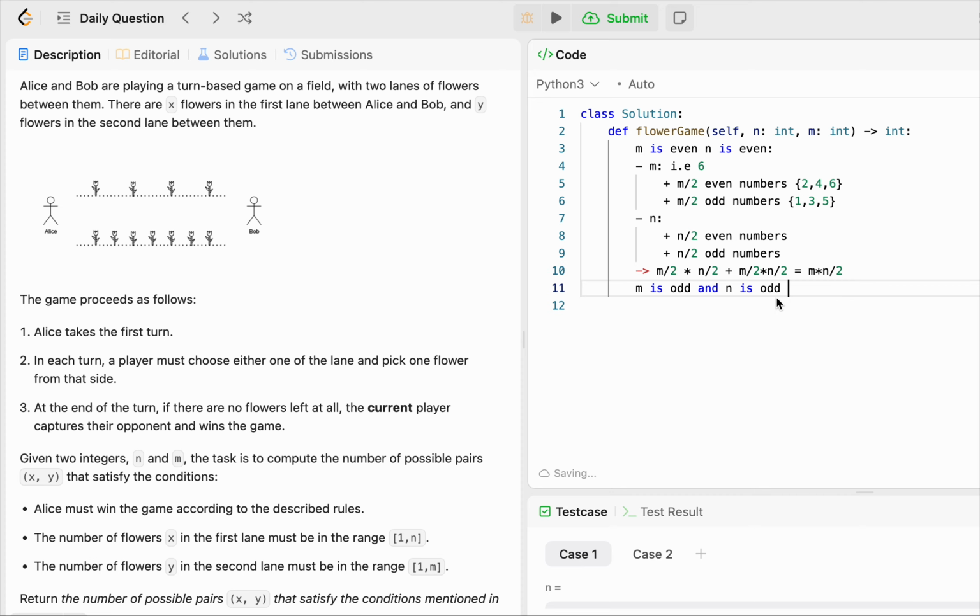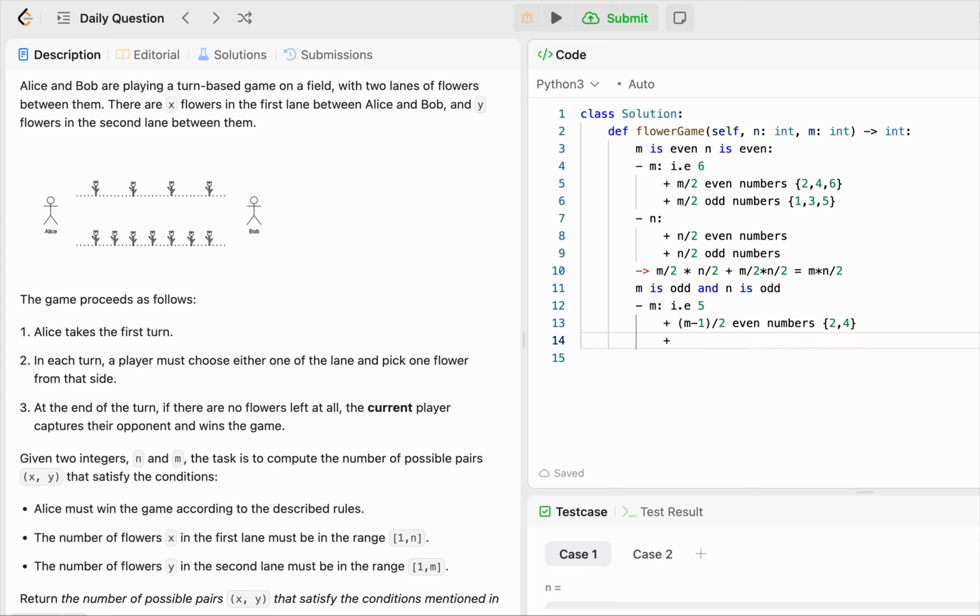So for now, let's say that is the m, for example m is 5. So how many cases do we have for the even numbers? The number of even numbers is m minus 1 divided by 2, right? And they are 2 and 4.